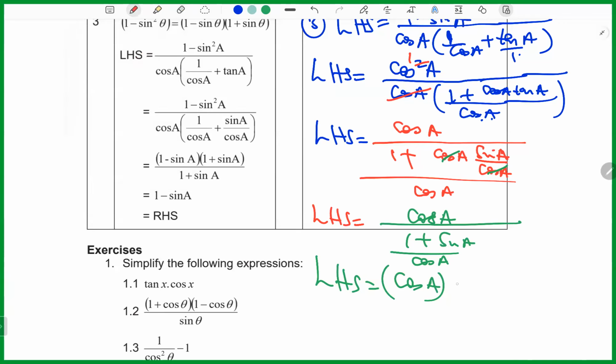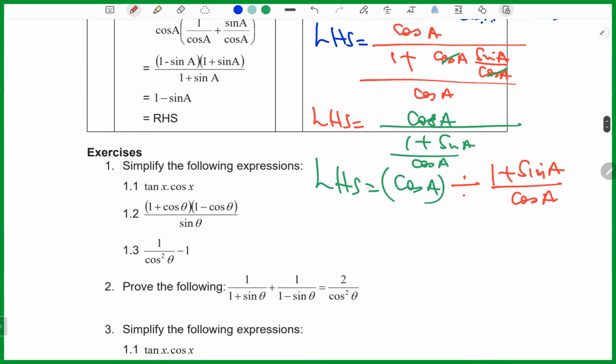Okay, so you can write cosine A and then you divide by 1 plus sine A over cosine A. So the left becomes cosine A, you multiply by cosine A over 1 plus sine A. I'm trying to teach today, sort of, okay. Trying to just do the basics a little bit.